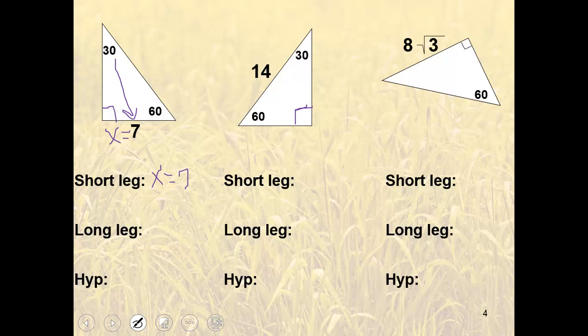Right? How do I find my long leg? Well, it's the short leg x times the square root of 3. Well, what is my x? It's 7, so that means I plug in 7.